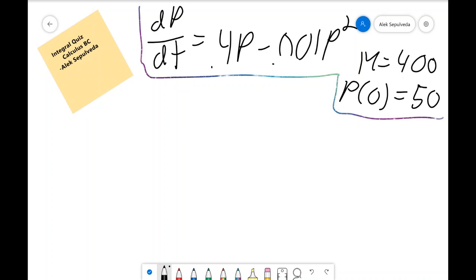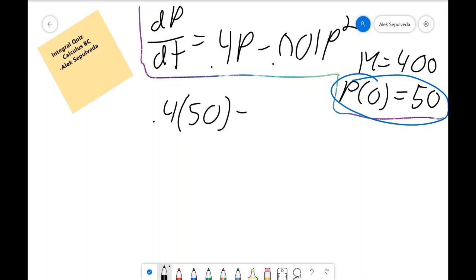We know that because the population at time equals 0 is equal to 50, we can plug this right into our rate of change equation, dP/dt. So let's do that. We have 0.4 times 50 minus 0.001 times 50 squared.